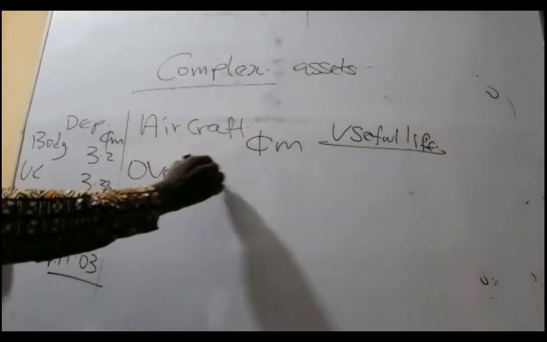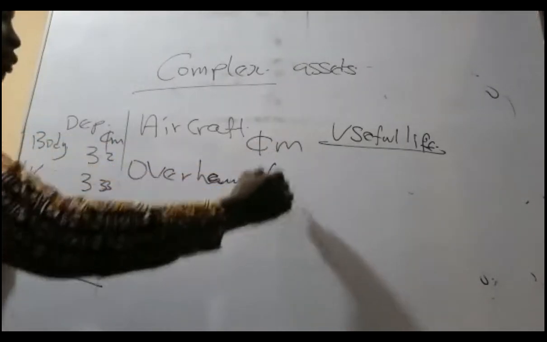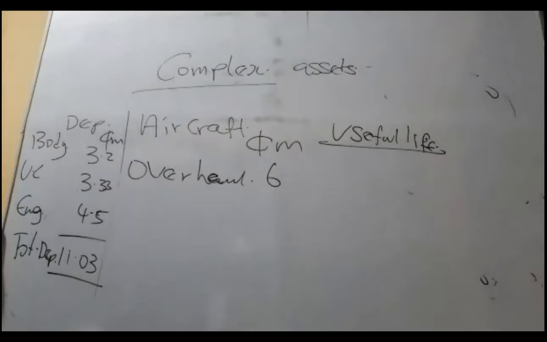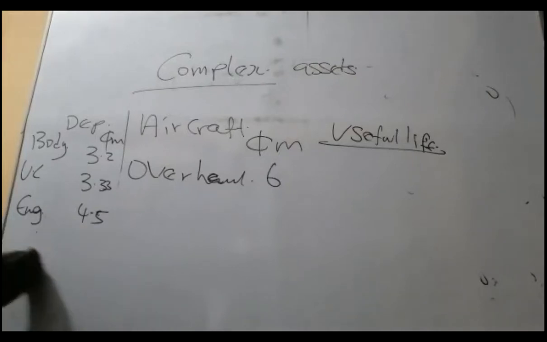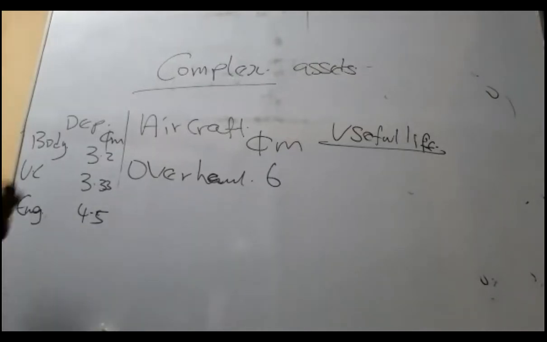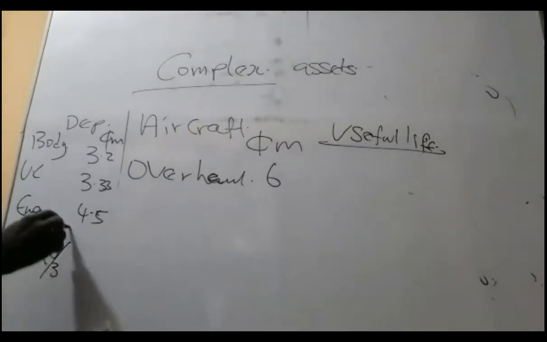So call it overhaul of 6 million. Therefore, when I calculate the depreciation, there must be a section for overhaul. Every 3 years, so the life of the overhaul becomes 3 years. You write here overhaul, open your brackets, take the 6 million over 3, you get 2.